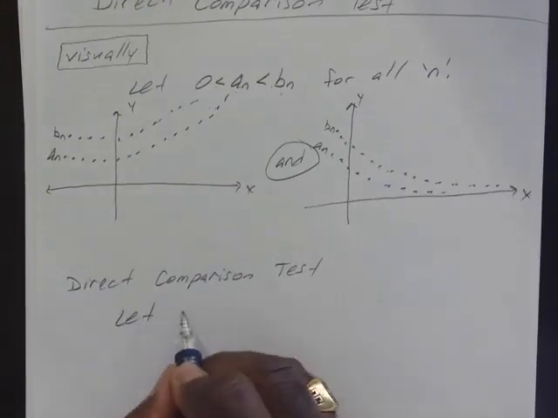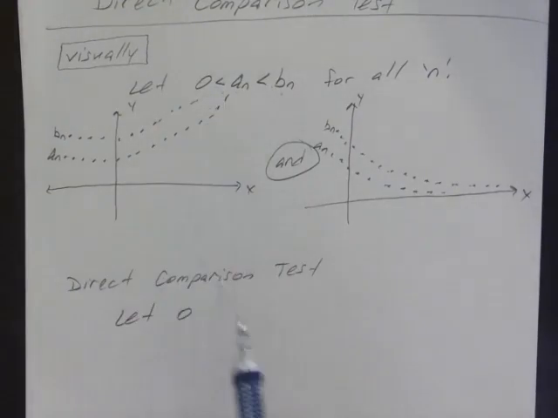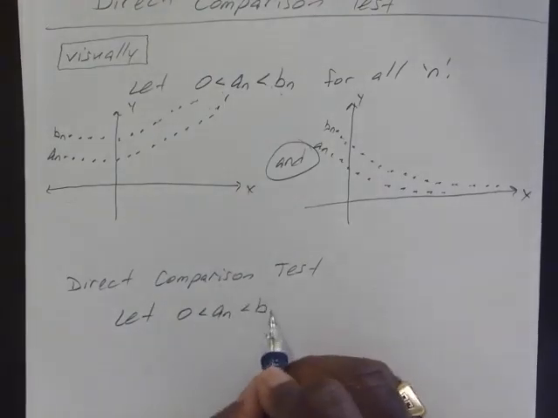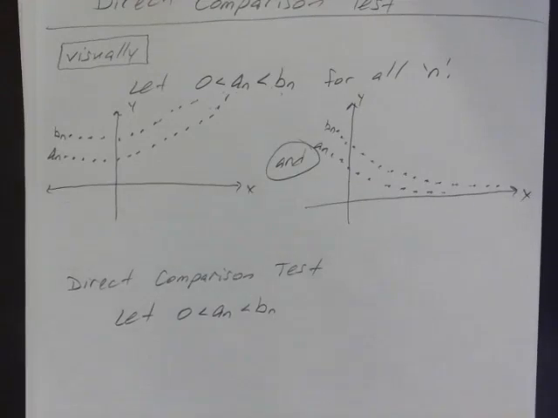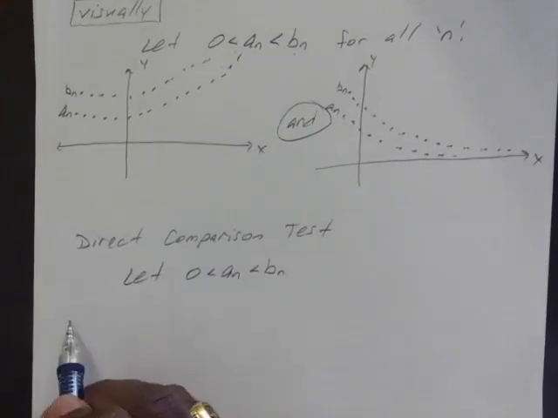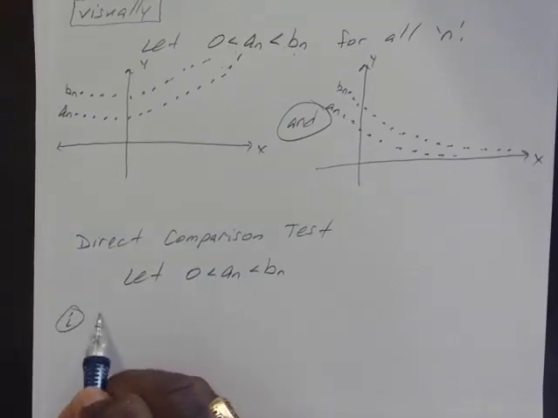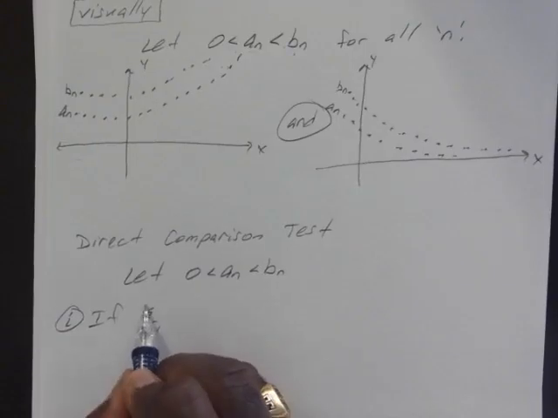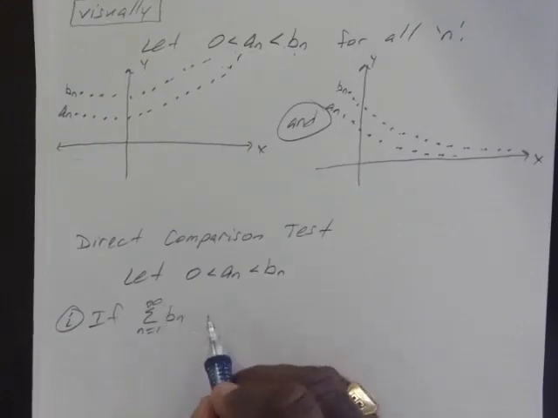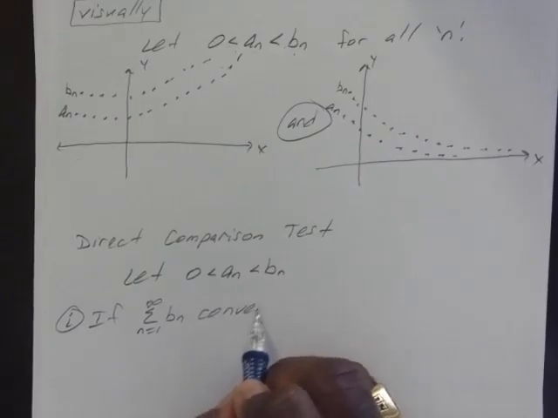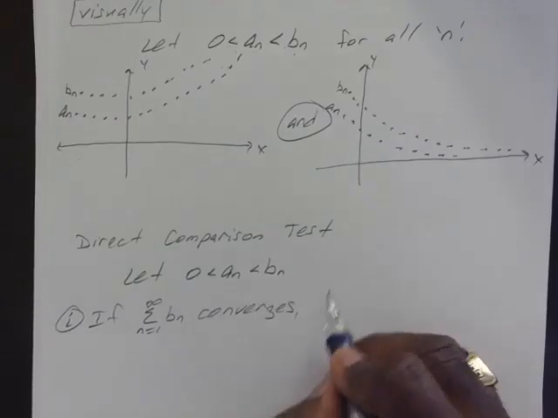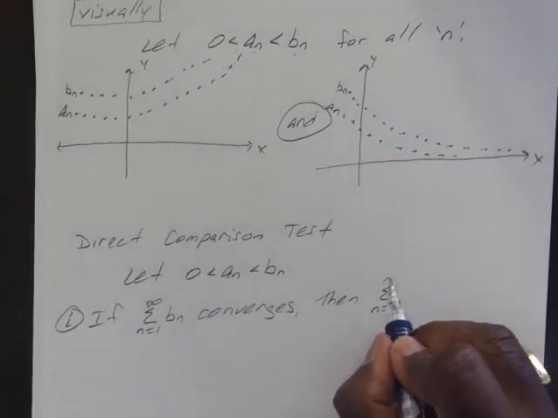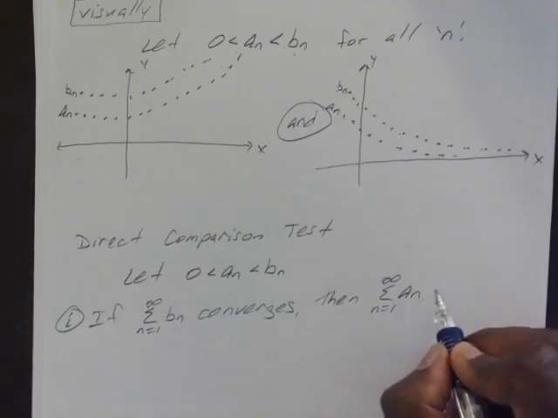Okay, so what if we let just this same stipulation up here, a sub n be less than b sub n? Then if the series from n equals 1 to infinity of b sub n is convergent, then a sub n is also convergent.